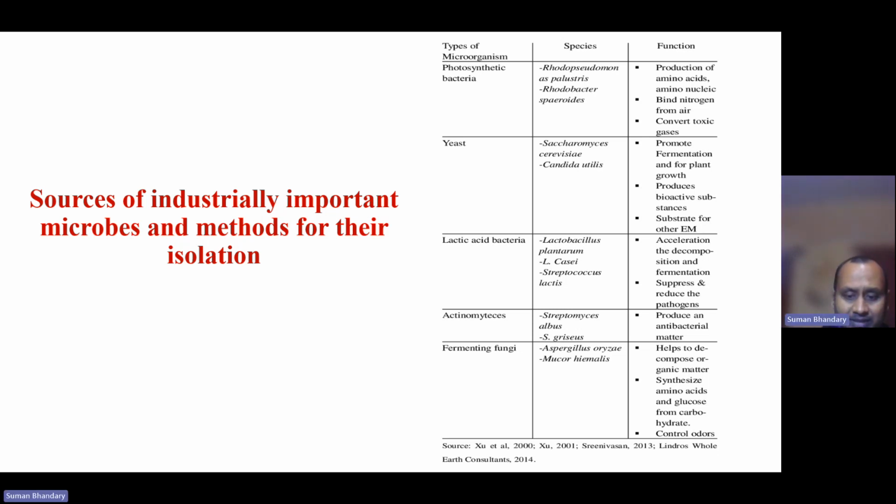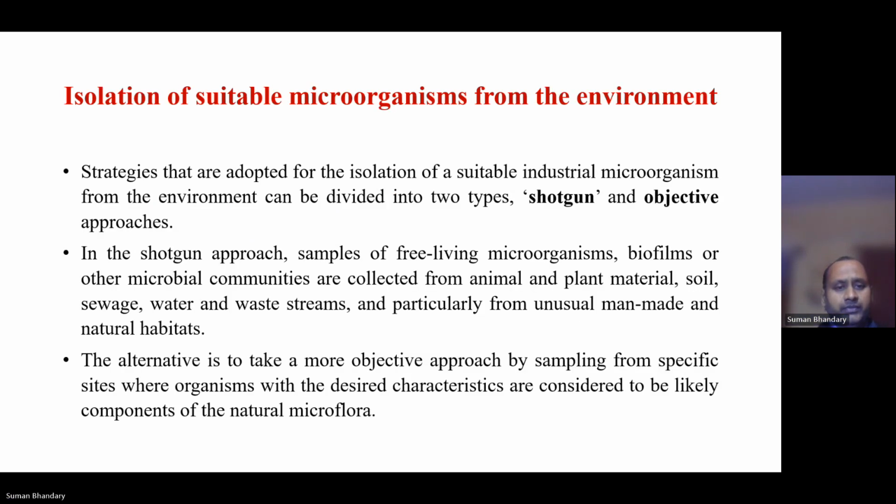Now, after that, we are gradually moving to the isolation process. So far, whatever we have discussed, we came to know about the sources and the desirable traits of the microorganisms that should be considered as industrially important microorganisms.